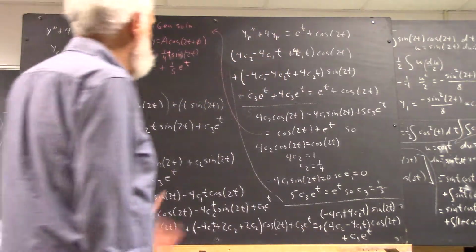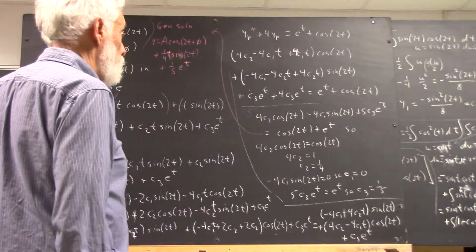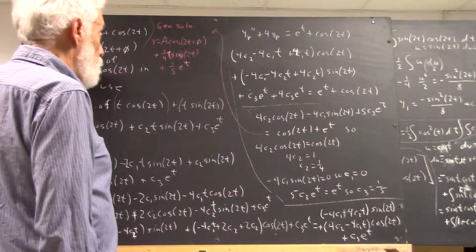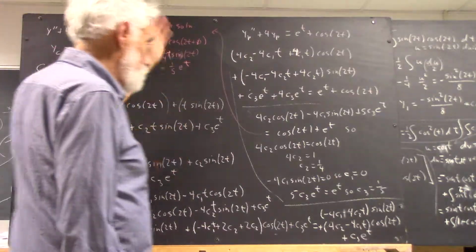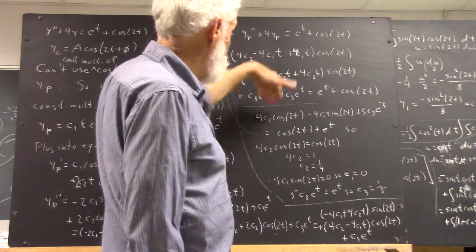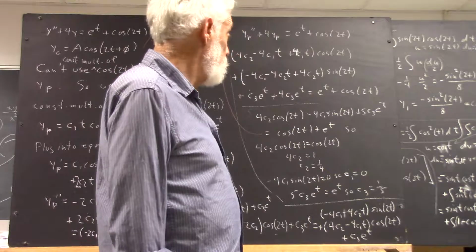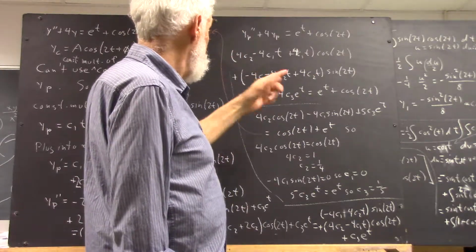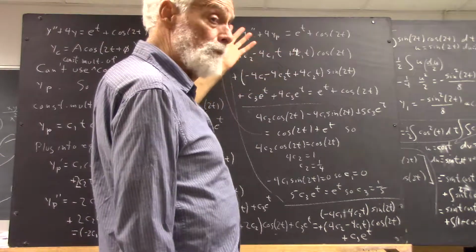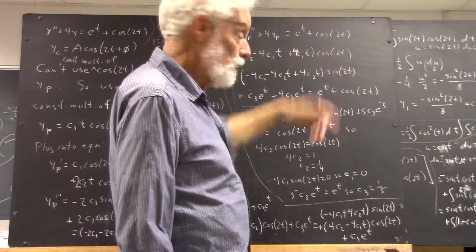And then we plug that into the equation. Okay, we have this second derivative plus 4 times our original y function. Now, that's the way it comes out. This is what the left-hand side is going to be. And here's our right-hand side. Well, we collect all the terms here on the cosine of 2t, and conveniently, the negative 4c1 t and the positive 4c1 t cancel out.